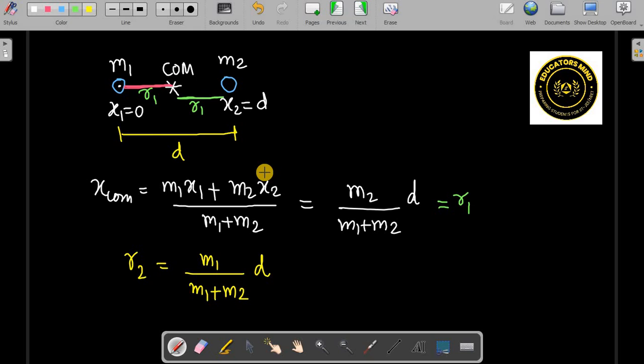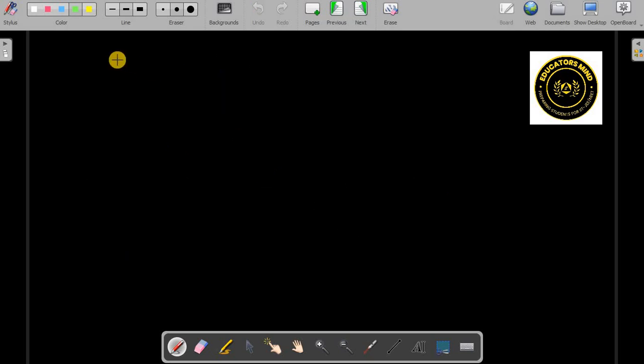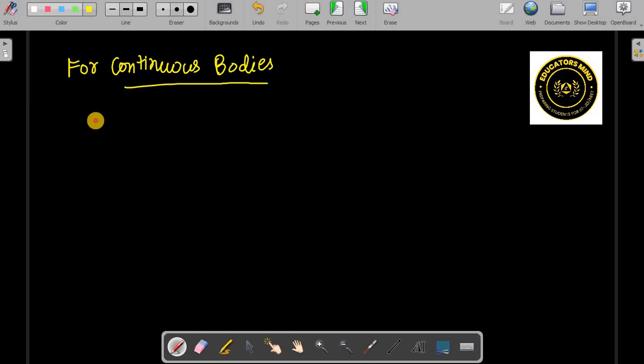Okay. Now what about bodies which are continuous? So bodies can be continuous, right? For continuous bodies, we have to use integration. So x center of mass we can calculate by integrating x dm divided by total mass.